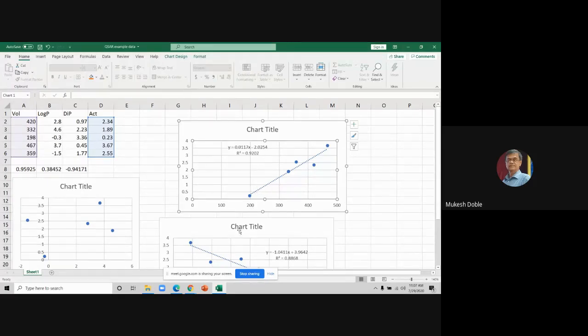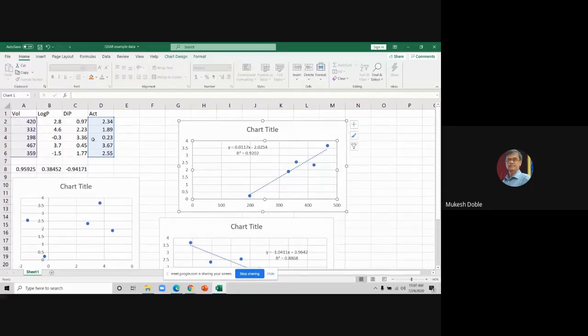By comparing the R square of different QSAR equations, we can select the one which looks good. Or by comparing the correlation coefficient, we can select the best descriptor. For example, in these 3, I would say volume correlates the best with activity. So I will take volume as my descriptor for generating my QSAR.